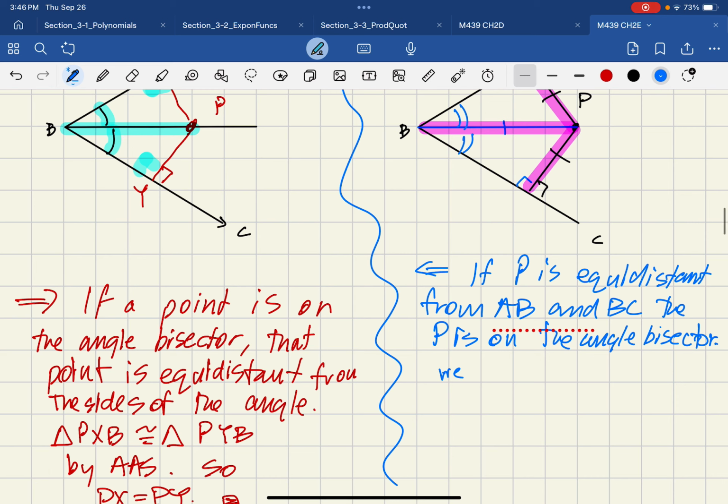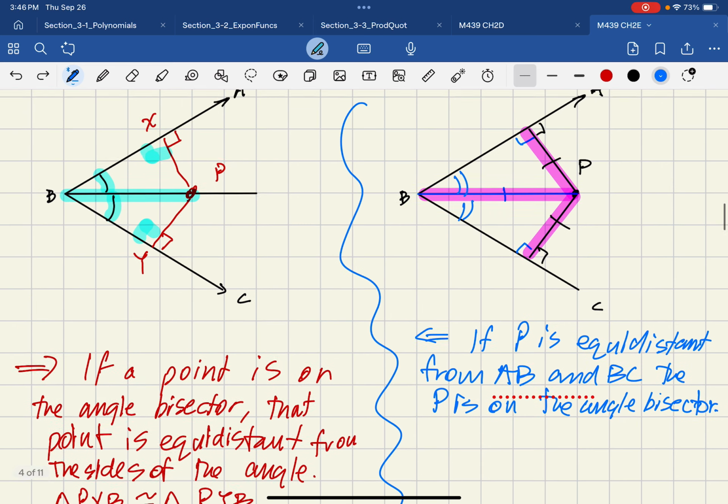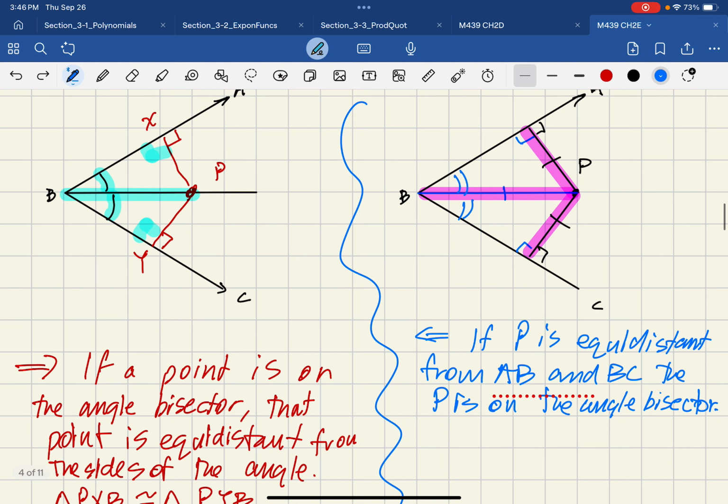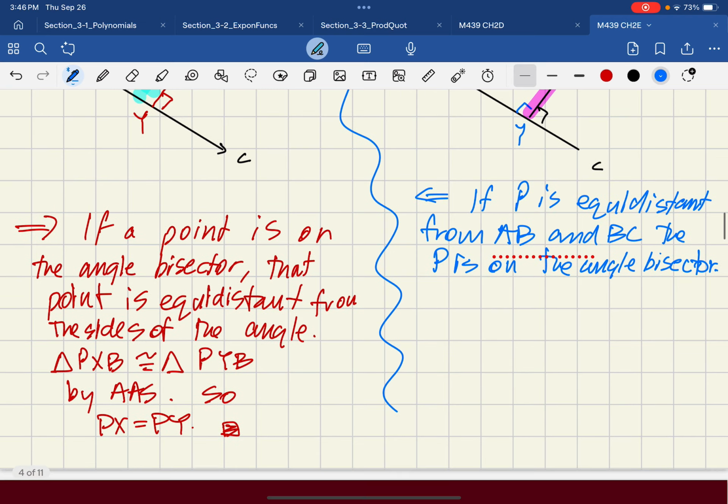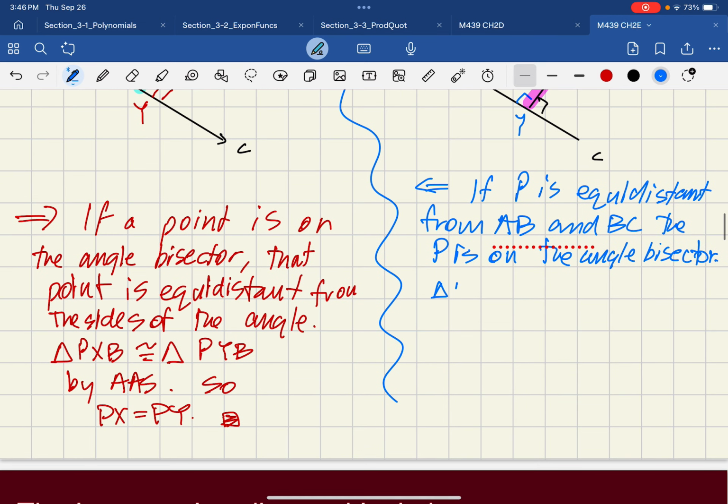Let's see, what would we say? I guess the proof sketch would be something like this. Same story. We need to give these things labels X and Y, I guess. So we'd say that triangle PXB is congruent to triangle PYB by hypotenuse-leg.